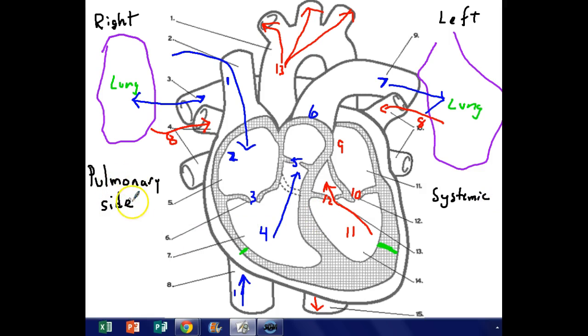Because this shoots blood to the lungs, this shoots blood to the whole rest of the body. And that's a major reason why this side is a lot bigger in the muscle layer, because this is all cardiac muscle that makes up the heart. So that should wrap it up with the structures of inside and outside with some vessels and the blood flow through the heart. Thank you.